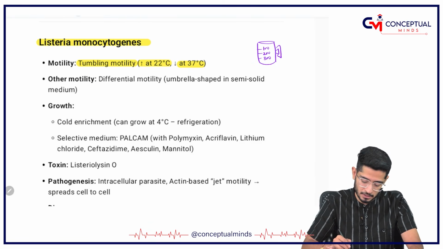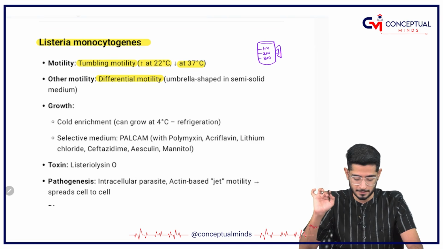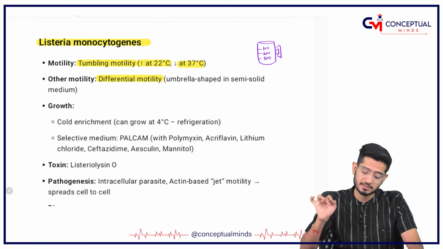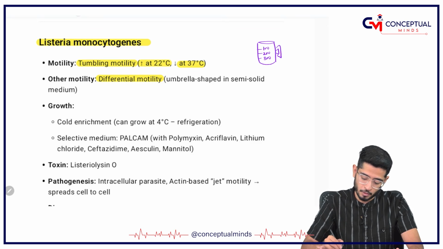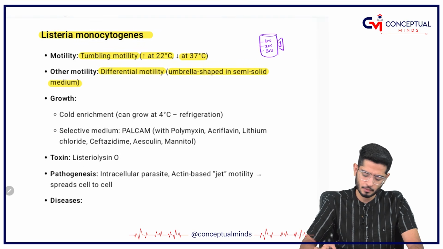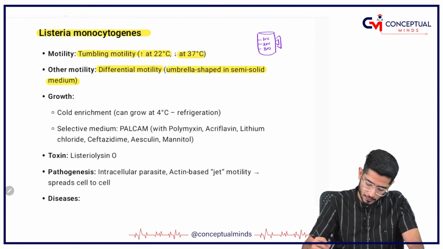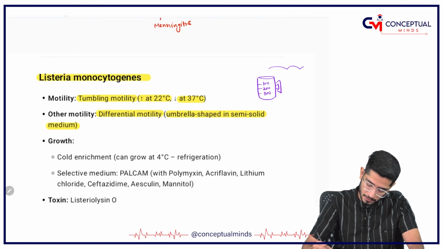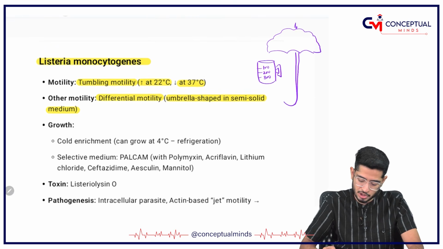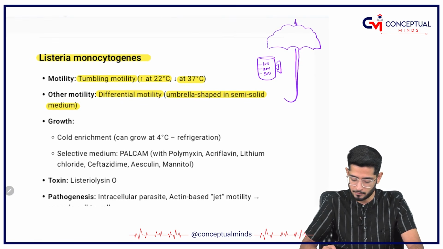Hence it is called differential motility. This motility is going to show umbrella shaped motility, or umbrella shaped colonies in the semi-solid media. So if I just draw an umbrella over it, yes, umbrella shaped in the semi-solid media.